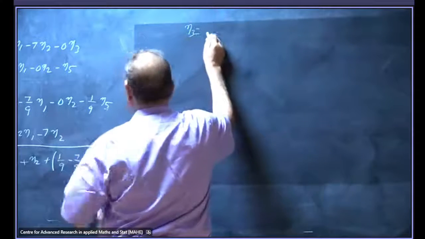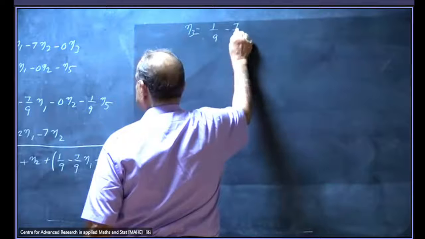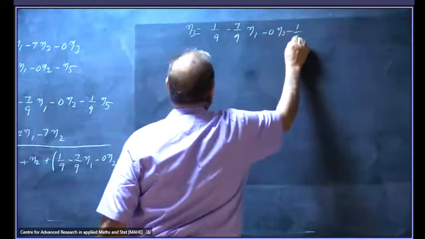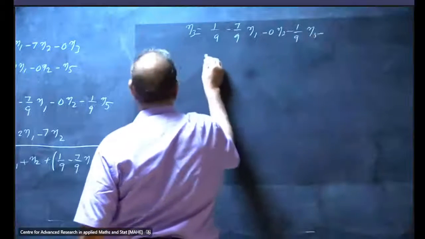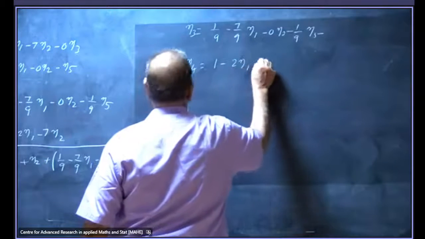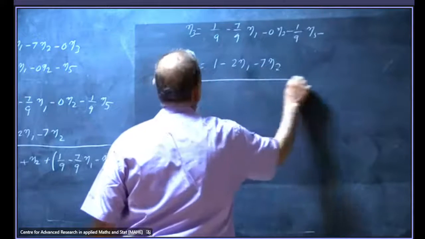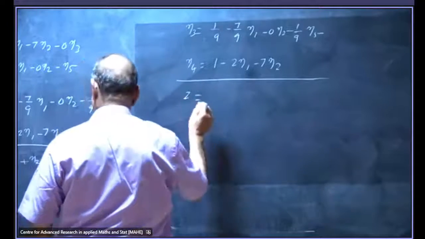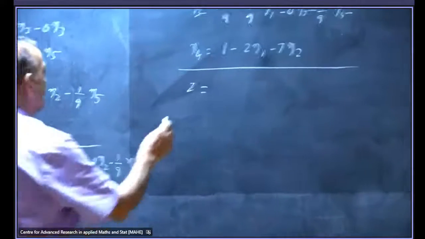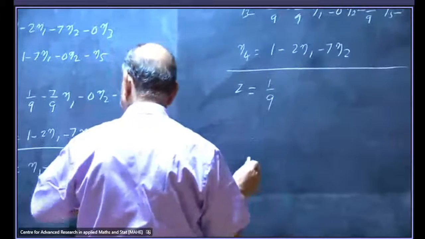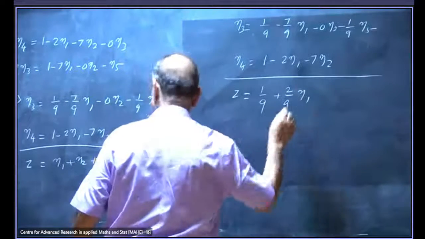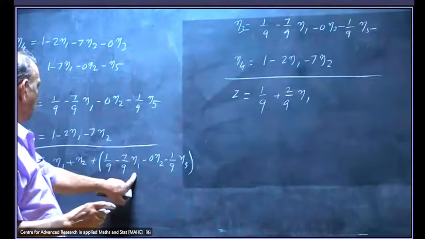I have to copy these two. See, there is 1 eta 1, there is minus 7 over 9 eta 1, so it is 2 over 9 eta 1.